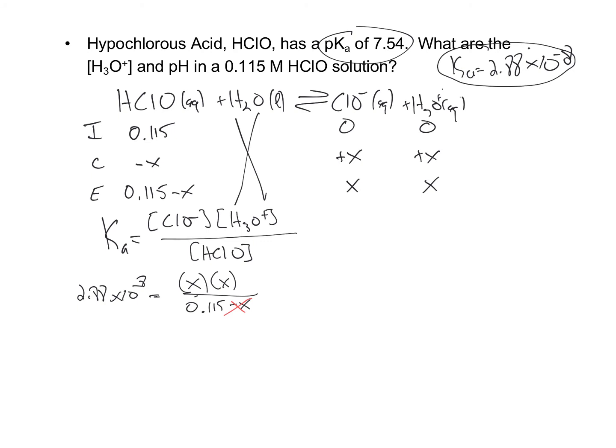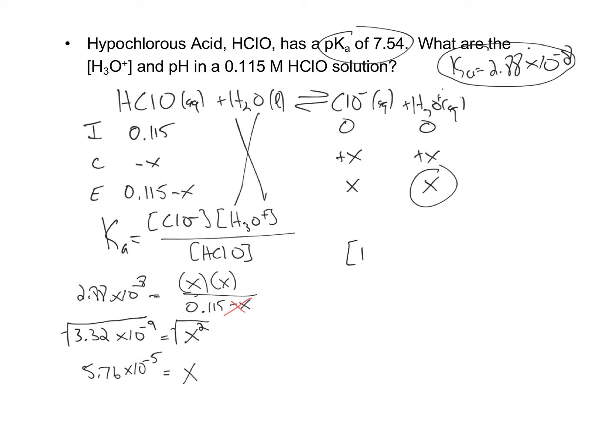So I'll multiply both sides by 0.115. And so on the left, that gives me 3.32 times 10 to the minus 9 is equal to x squared. Then take the square root of both sides. So that gives me x is 5.76 times 10 to the minus 5, and x is our H3O plus concentration.